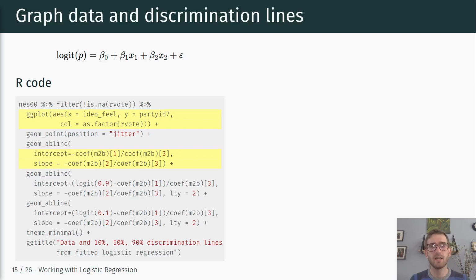The idea is similar to maps where you have different lines that indicate the same height level. If you look at a map of a mountain, for example, you usually have these lines that indicate a certain height level in that map. This discrimination line is exactly the same thing, just based on the model.